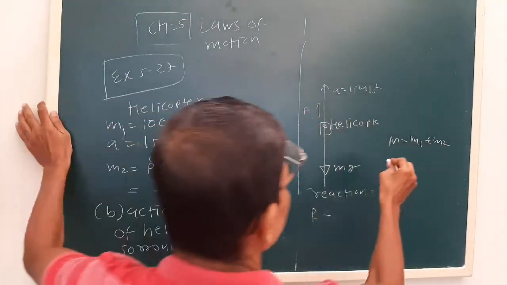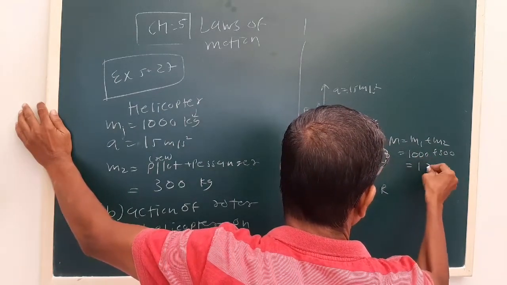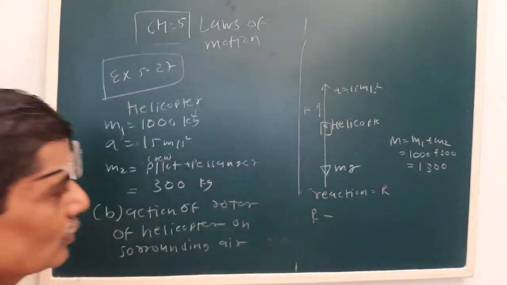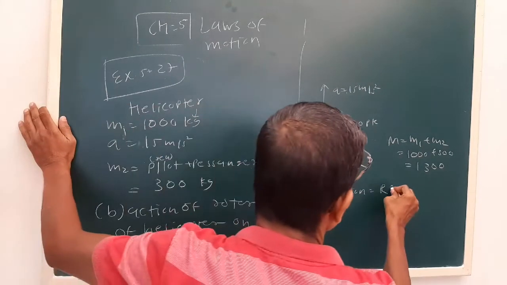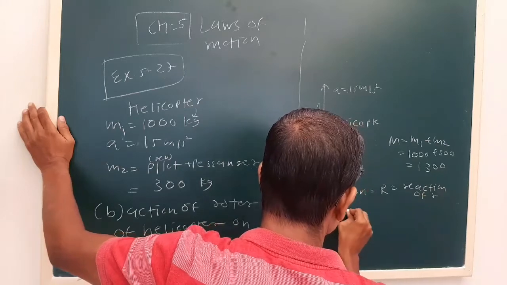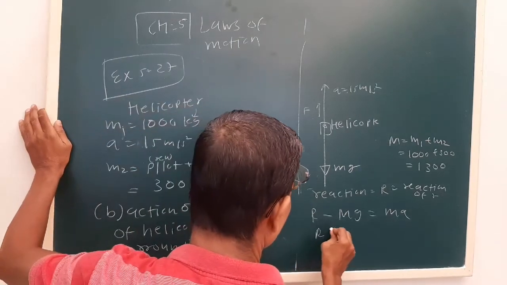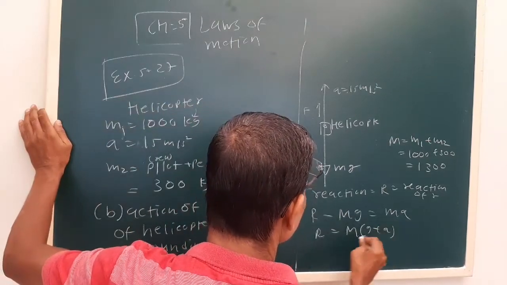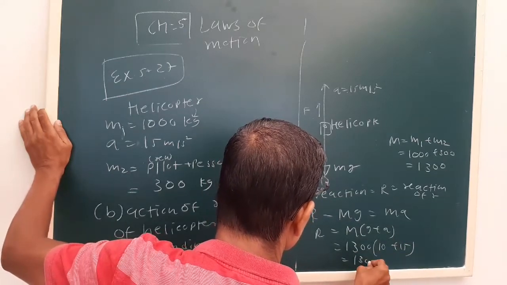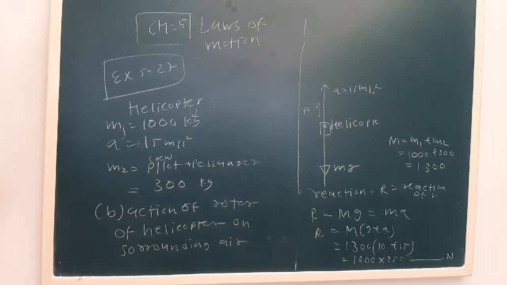What is M1 here? 1000. So the reaction of the rotor we consider as R, R minus mg is equal to ma. So the reaction is m(g + a), 1300 into g is 10 plus acceleration. This is how we can calculate the second part.